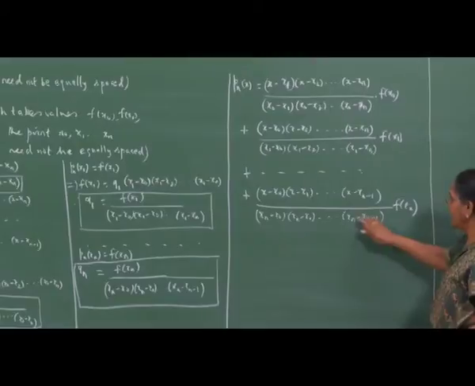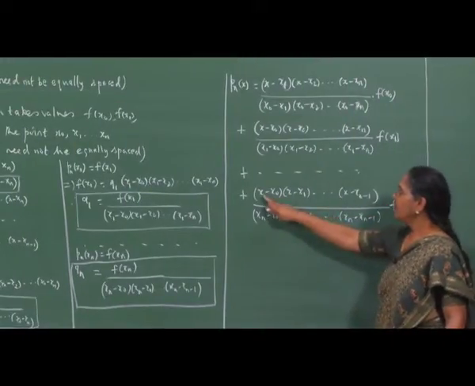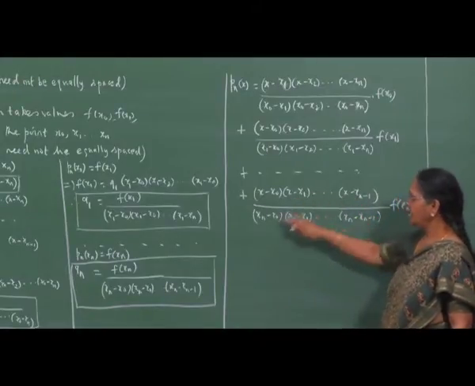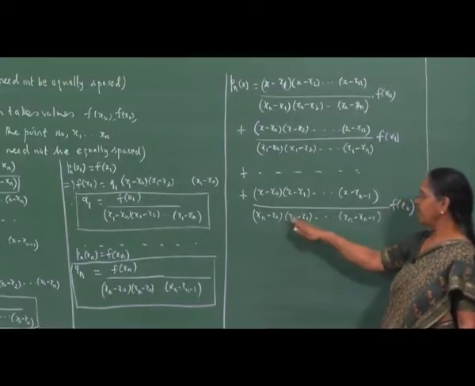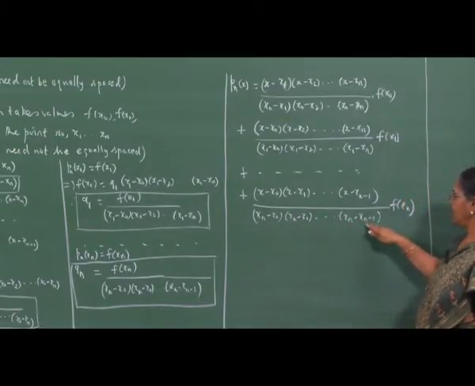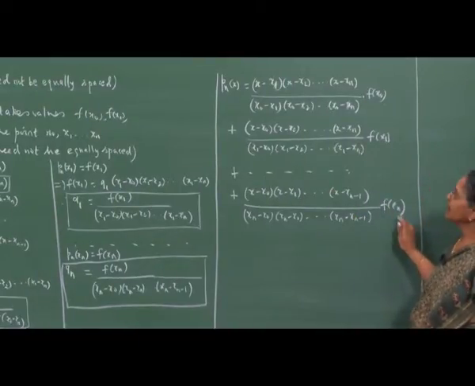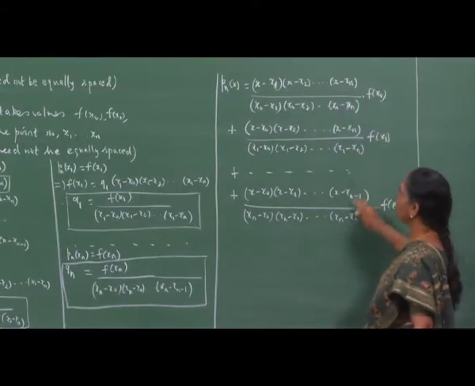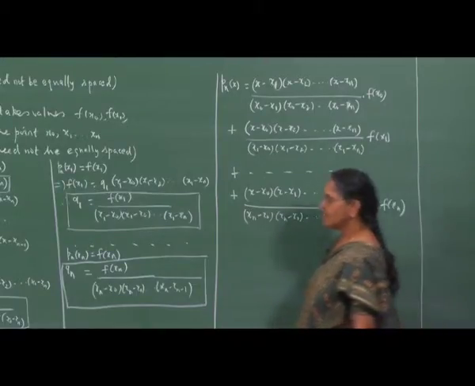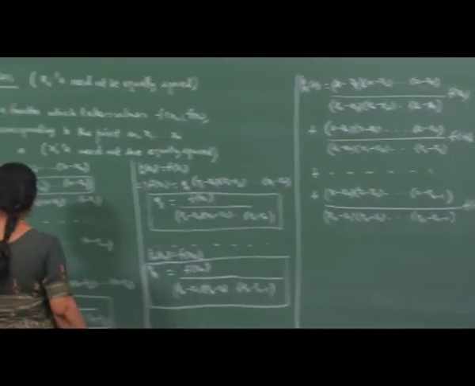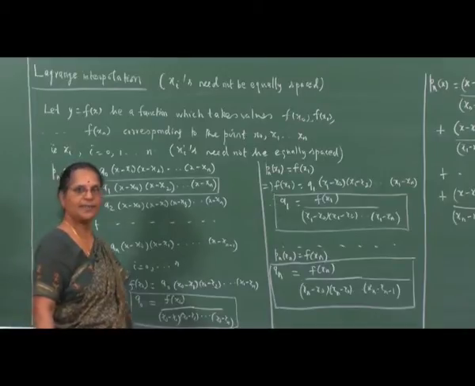And similarly, in the last term, the factor x minus x n is missing, and wherever x appears in the numerator, it is replaced by x n. So, we have x n minus x naught etc. up to x n minus x n minus 1, and this is multiplied by f of x n. And this is the required interpolating polynomial, which has the property that P n of x i equal to f of x i, where the x i's need not be equally spaced.